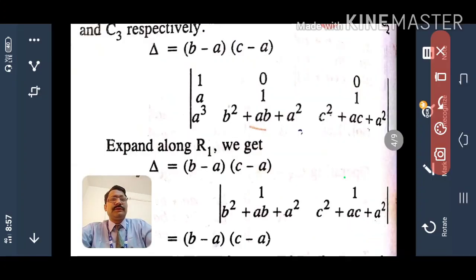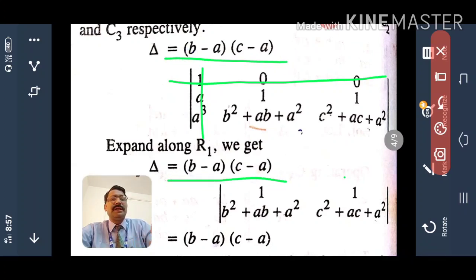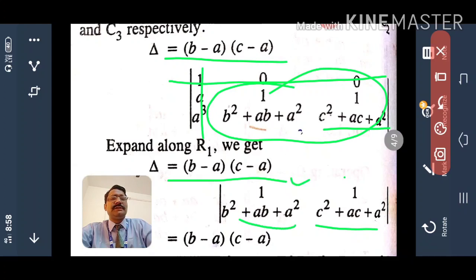You can check the first row: you will get 1 0 0. We can open by this 1, so b minus a and c minus a are outside, and the remaining elements are 1 1 in the first row, and b square plus ab plus a square, c square plus ac plus a square in the second row. So you will write it as it is.